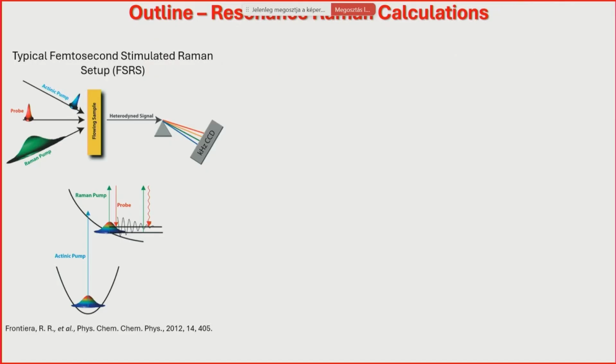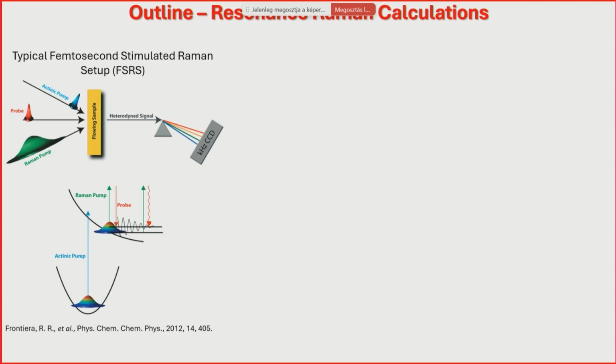Since Tatiana did a nice introduction about computational chemistry in general and how we use it for time-resolved calculations, which was very broad, I will narrow it down to resonance Raman calculations. It's useful to show the typical experimental setup for stimulated Raman experiments.